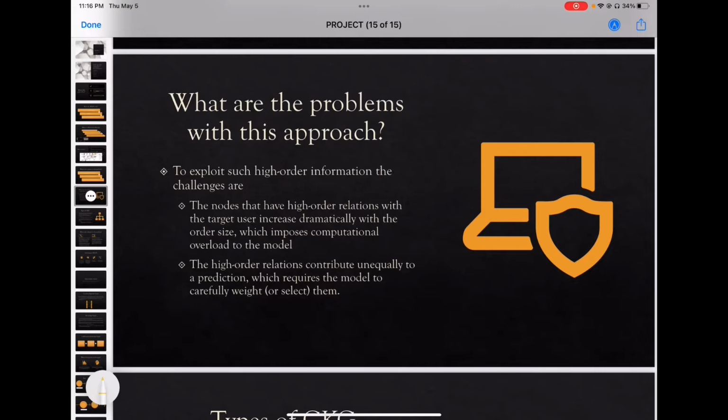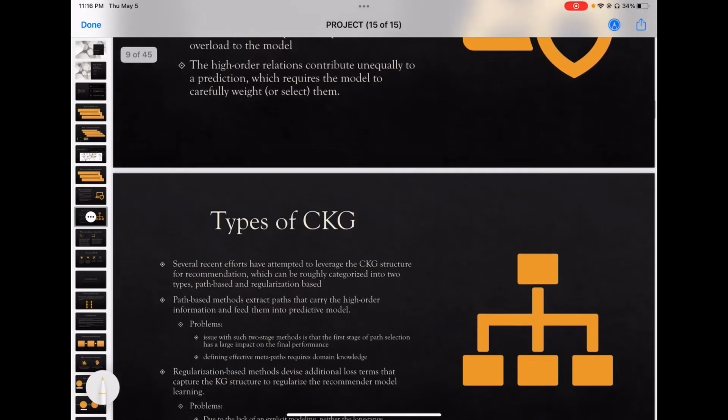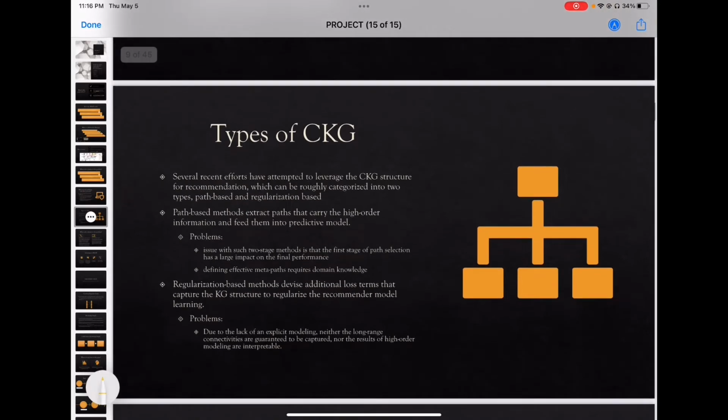And the higher order relations contribute unequally to prediction, which requires the model to carefully weigh or select them. Now, several efforts have attempted to leverage the above CKG structure for recommendation, which can be roughly categorized into two types: path-based and regularization-based.